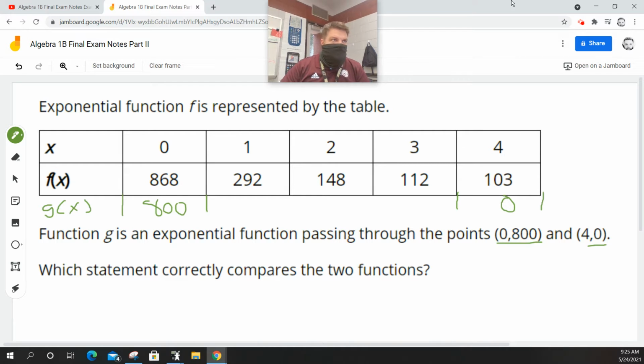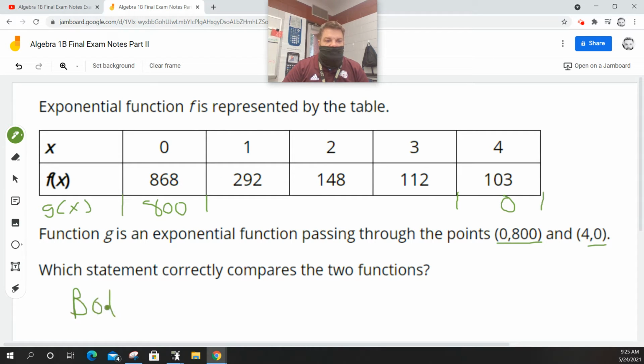When I compare the two functions, what seems to be true? Well, I think the only thing that we can say, it appears when you look at this, both functions are decreasing, right? So let's write that down.